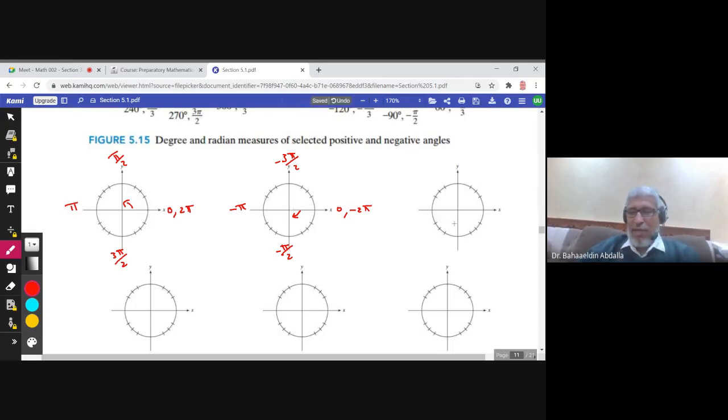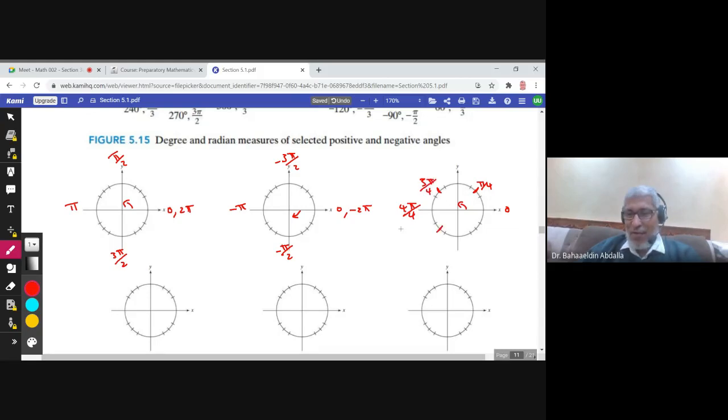All right. Let us talk about 45. If you go in the positive direction, this is 0. This is pi over 4. Here I have 4 pi over 4, because pi is 4 pi over 4. Before 4 pi over 4, what do you have? 3 pi over 4.